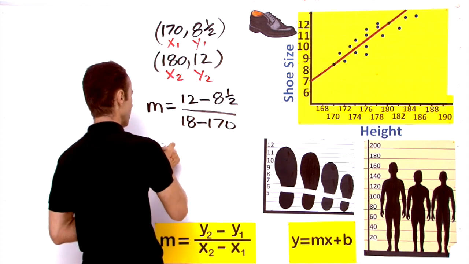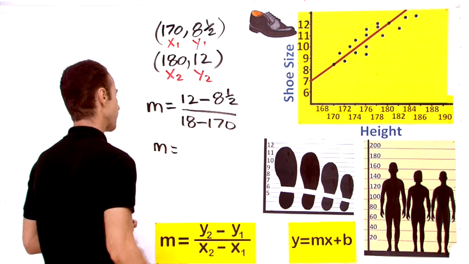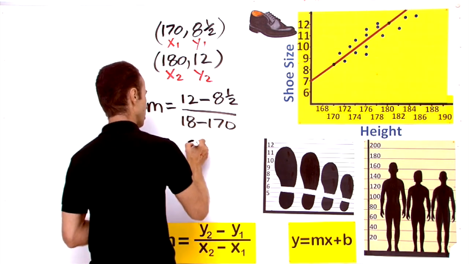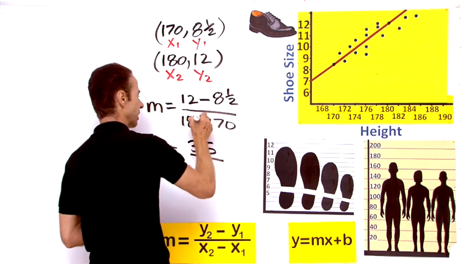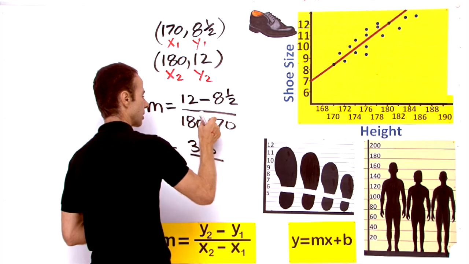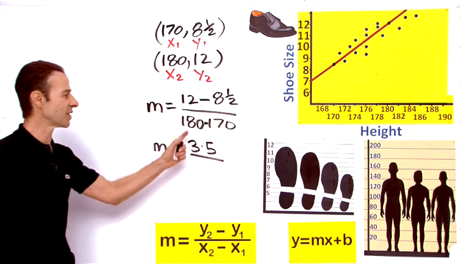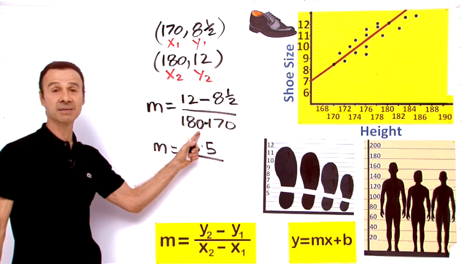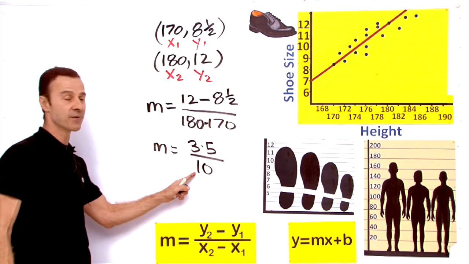Let's work that out. Gradient m equals 12 minus 8.5. That's going to give us 3.5 as a decimal, all over 180 minus 170, that's only going to be 10. So our gradient is 3.5 over 10.